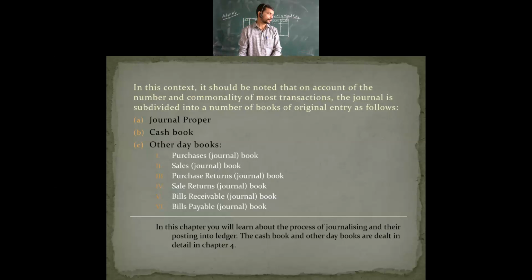Most of the journal entries are subdivided into journal proper, then cash book, then other day books. This journal entry you are going to pass is the main part, and it is subdivided. Journal proper is the first point, then the cash book, where you maintain the cash transactions.